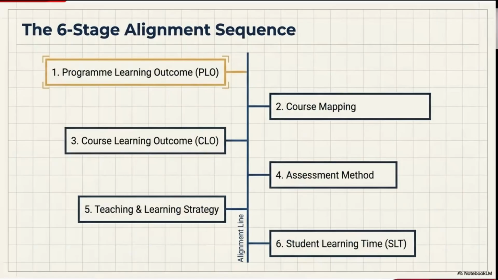Then we must formulate the teaching and learning strategy that will guide the student towards the assessment method as well as the achievement of the course learning outcome. And finally, we allocate the student learning time required for the students to achieve these learning outcomes.